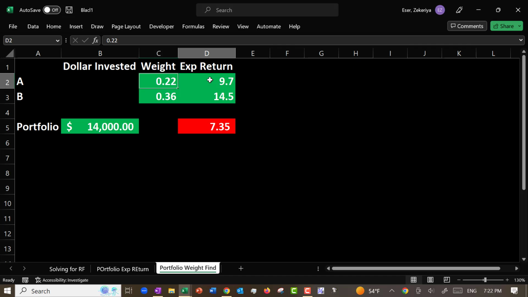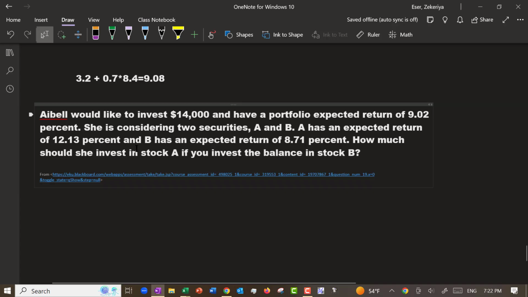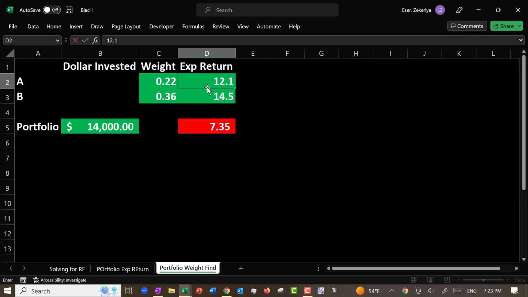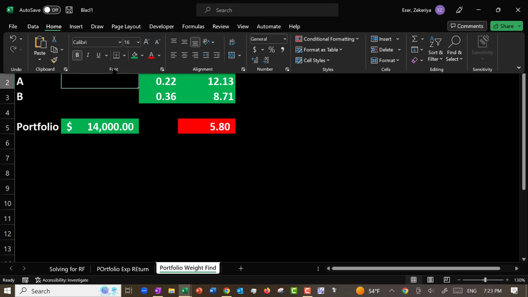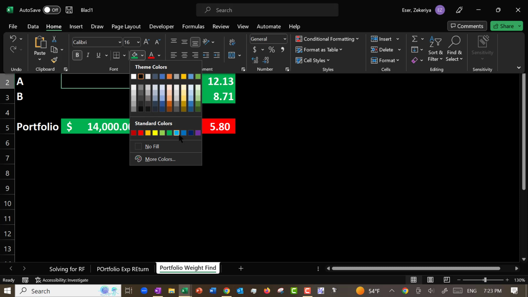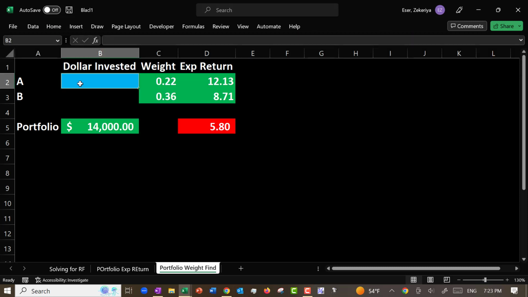I'm going to calculate the weights, but expected returns are 1213 and 871. And I'm going to make this blue. I'm going to arbitrarily put $9,000 in there.